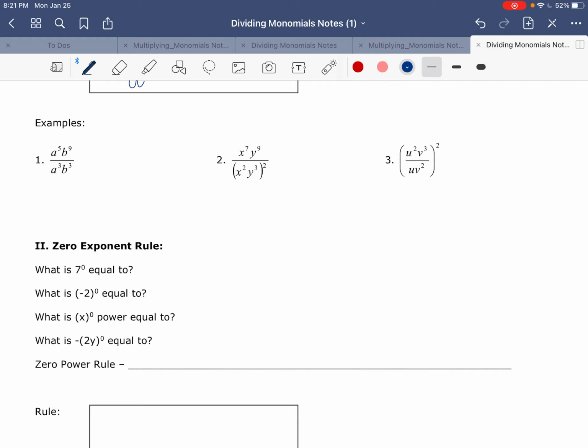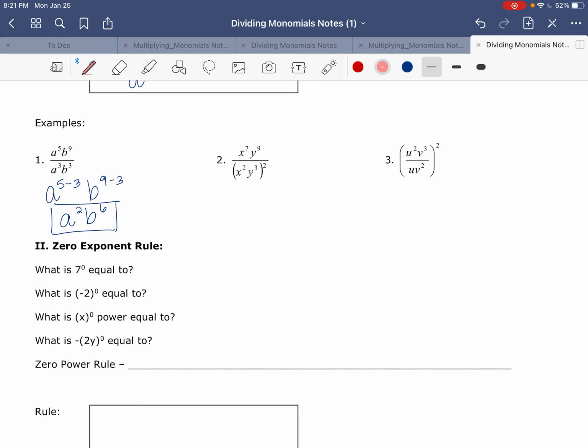There's nothing I can simplify in the numerator. There's nothing I can simplify in the denominator. So now I see that I have a to the 5th over a cubed, which gives me a to the power of 5 minus 3, and b to the 9th over b cubed, so b to the power of 9 minus 3. Which simplifies to a squared b to the 6th.